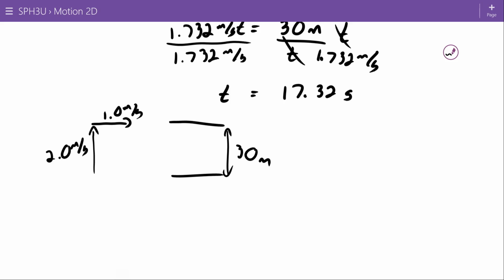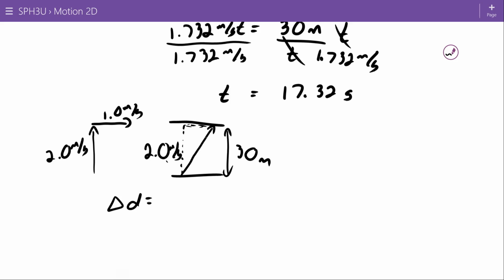So if you're going like this, you're going to end up going like this, but this component of your velocity is the one that's getting you across the river. That's the 2.0. So I don't really care. It didn't ask how far downstream I'm going to land, although I guess I could figure that out. What I'm really interested in here is just with this component, how long is it going to take for me to traverse the 30?